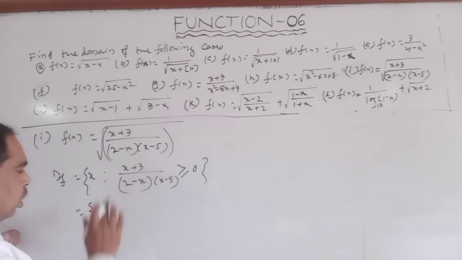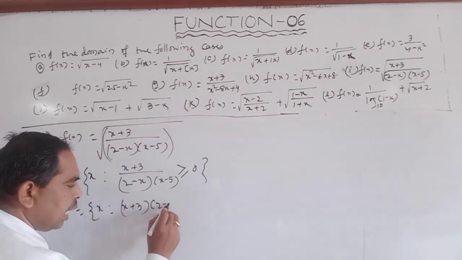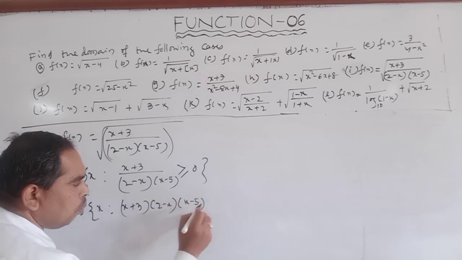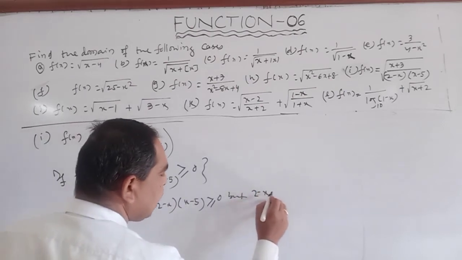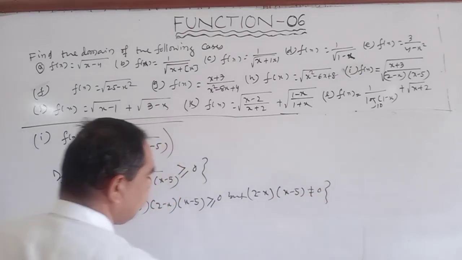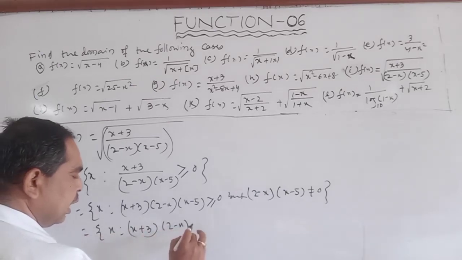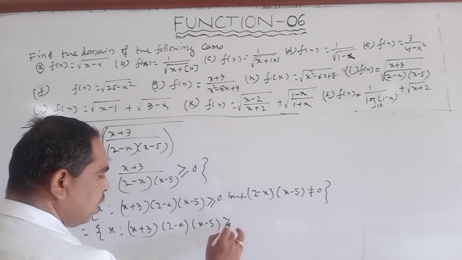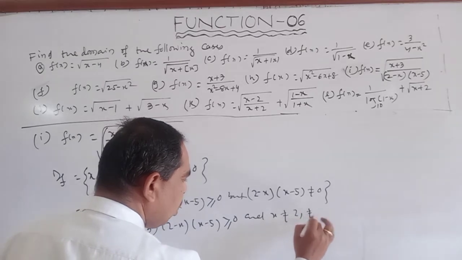So this is x such that x plus 3 into 2 minus x into x minus 5 is greater than or equal to 0, but 2 minus x into x minus 5 is not equal to 0. So x such that the product is greater than or equal to 0 and x is not equal to 2 and x is not equal to 5.